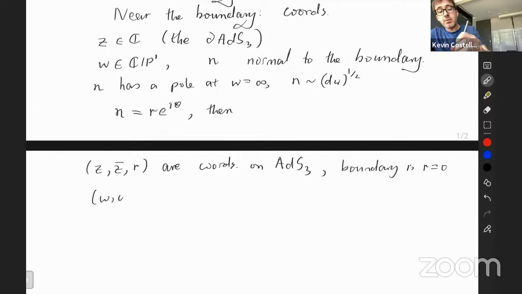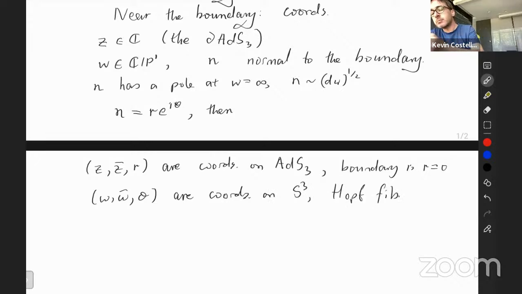W, W bar, and theta are coordinates on the 3-sphere, which we're seeing as a Hopf fibration over CP1. The theta coordinate parameterizes the Hopf fiber.